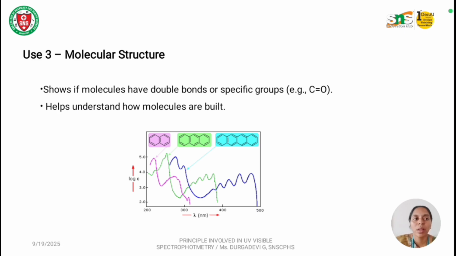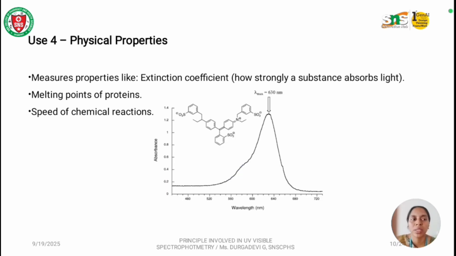And then molecular structure shows if the molecules have double bonds or specific groups, that is C double bond O, which helps understand how molecules are built. So with the help of the spectrum, we can identify if there is a double bond or triple bond present inside our compound.